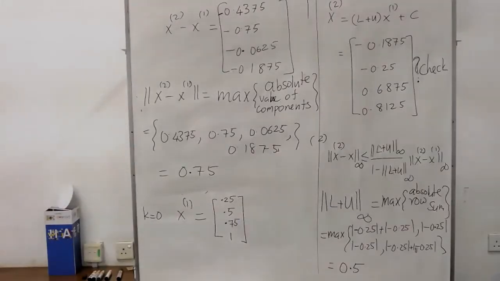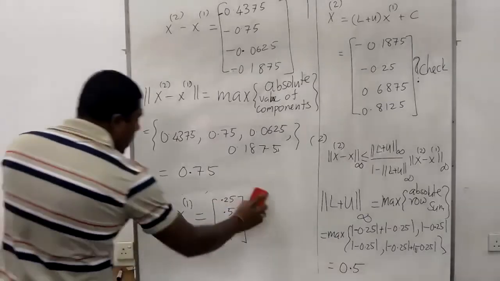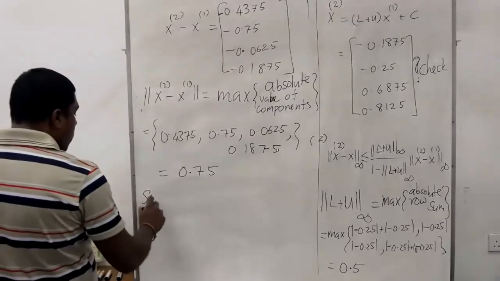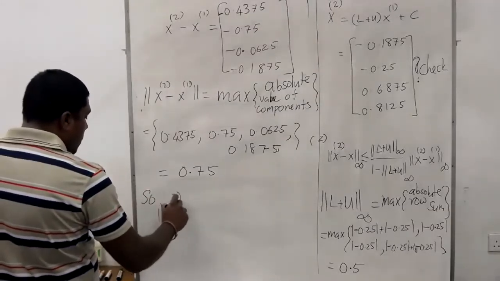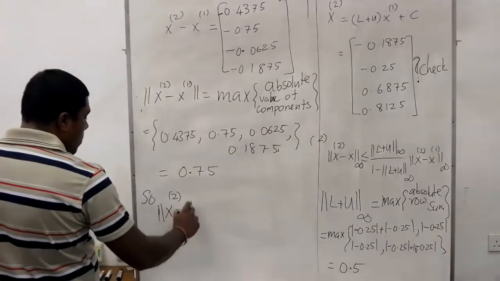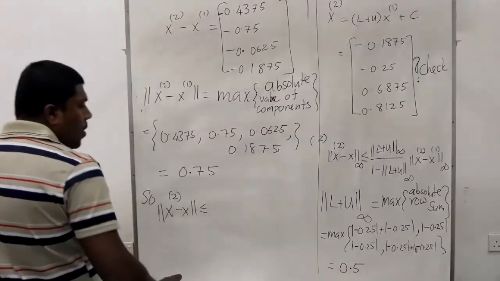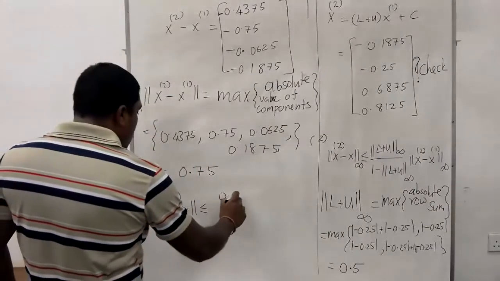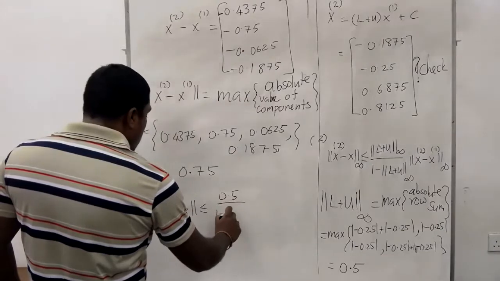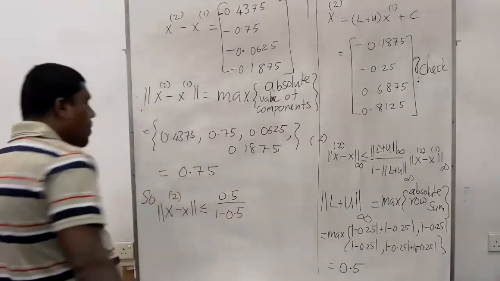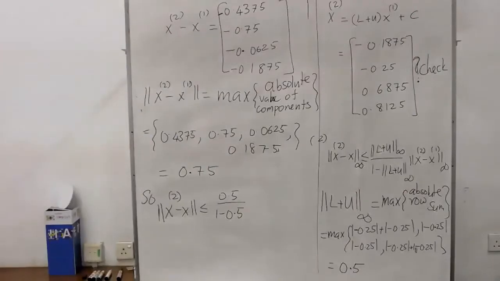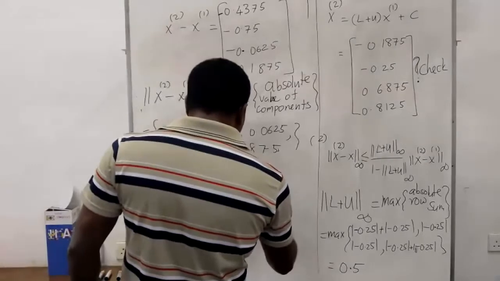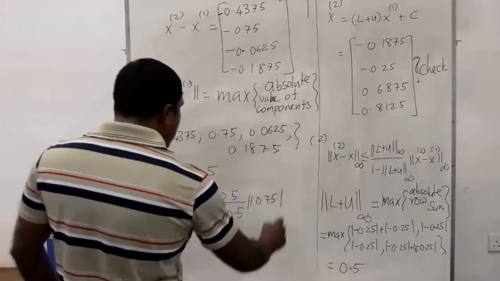Okay, so now you can substitute in the error bound and obtain it. The infinity norm of L plus U is 0.5, divided by 1 minus the infinity norm of L plus U, that is 1 minus 0.5, and then the infinity norm of x2 minus x1 is 0.75. So this is 0.75.